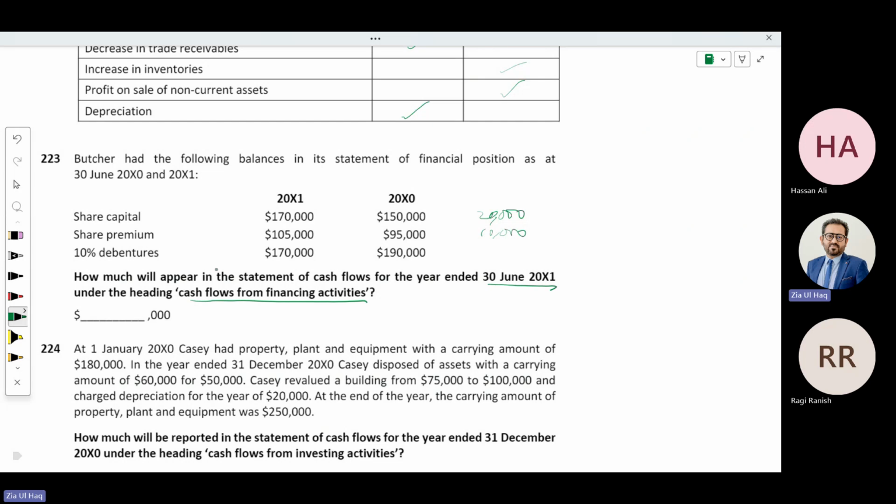And debentures decreased by 10,000. Here, what will we put, 10,000 or 10, because 000 they have already mentioned. And these figures are complete, not in thousands.